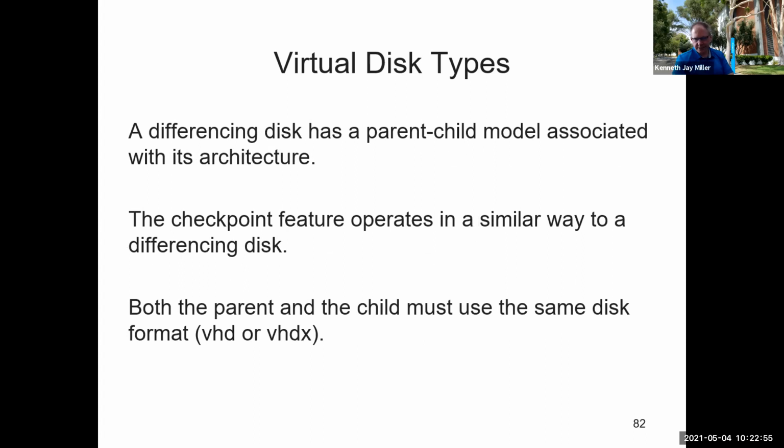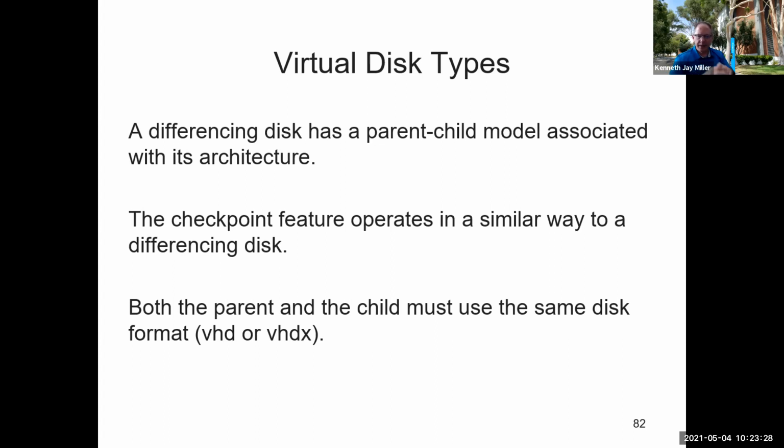Because once you install it, it doesn't do a ton of adds and changes, right? Now, a differencing disk, which we used last week, has a parent-child model associated with its architecture. And when we use the checkpoint, which is the snapshot feature in Hyper-V, it does the same thing as a differencing disk. That's why I recommend we don't use snapshots in this class, because we're using differencing disks, so we'd be taking a snapshot of a snapshot, which can cause problems.